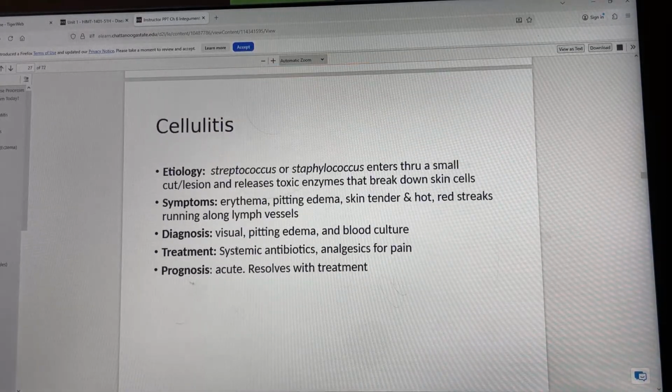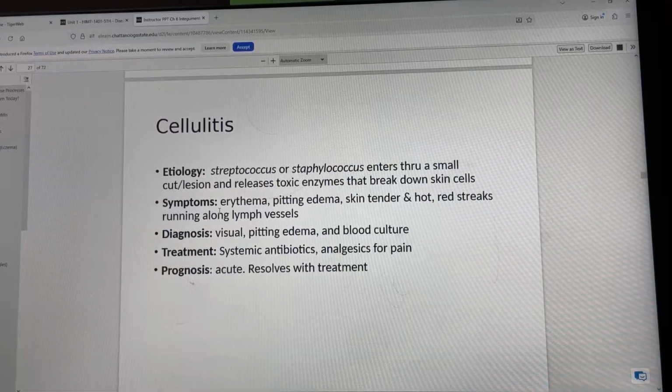All right, cellulitis. This is another bacterial infection with Streptococcus or Staphylococcus. These are the most common bacteria that affect the skin, so they'll see this all the time.